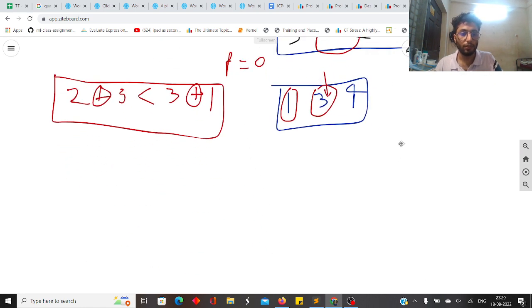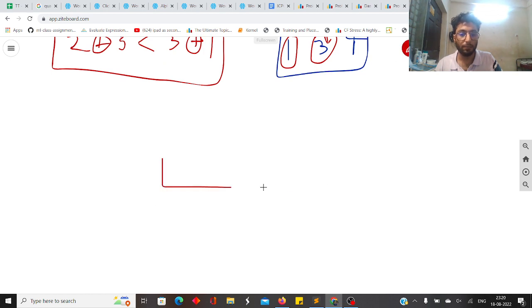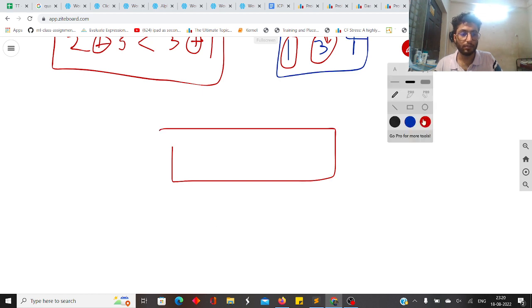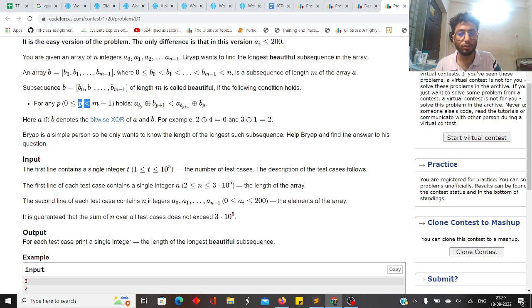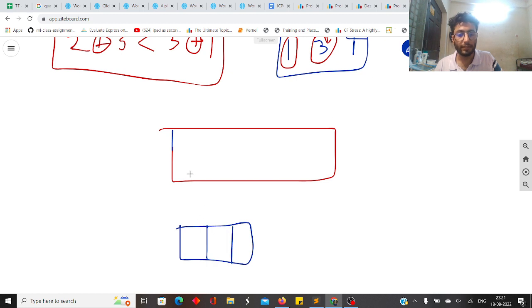So in general, for any subsequence b that I choose, let me say this is my array a, and this is the subsequence b. What the expression is saying is that you take the corresponding value of a at this position and you XOR it with this value.